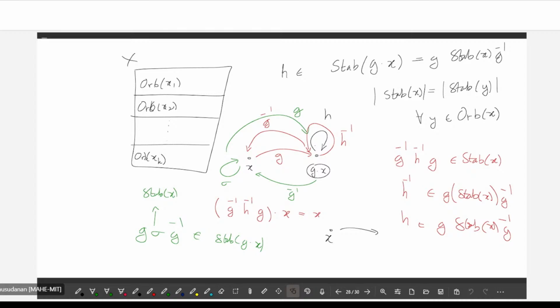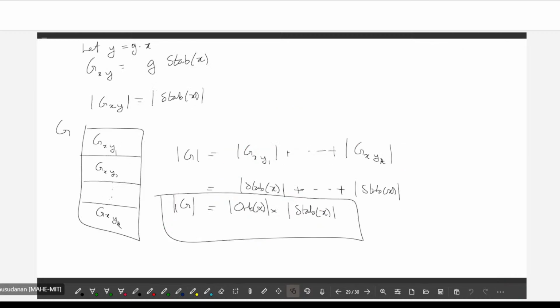But more generally, why does it happen here? This is another way of saying that the index of the stabilizer subgroup of any point x is equal to the length of the orbit.